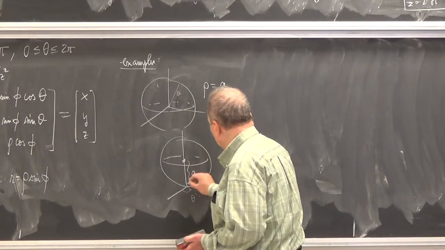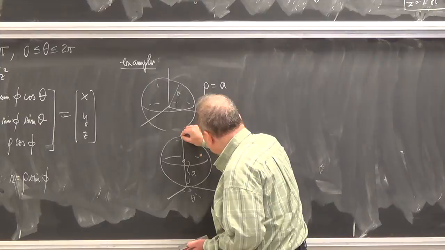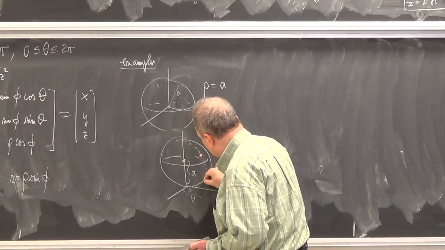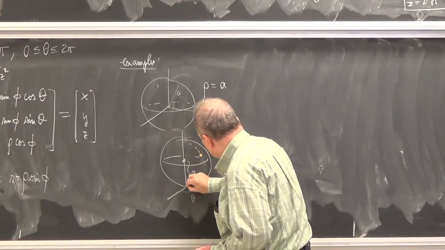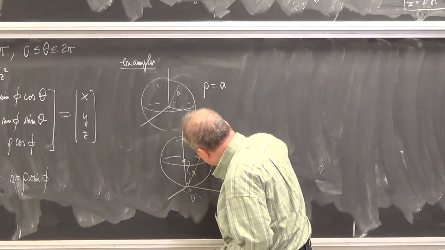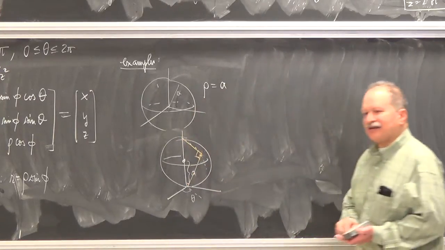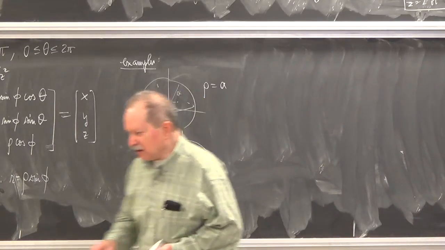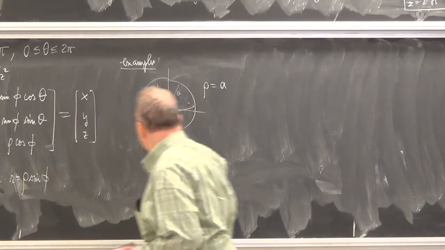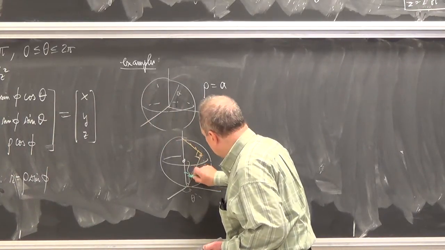No matter what angle you're cutting this at, you're going to have what kind of triangle here? A right triangle, right? And conveniently, phi is there.